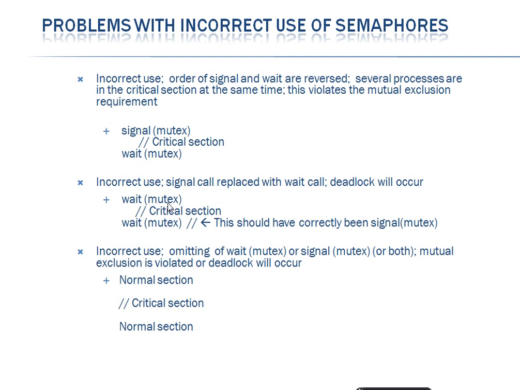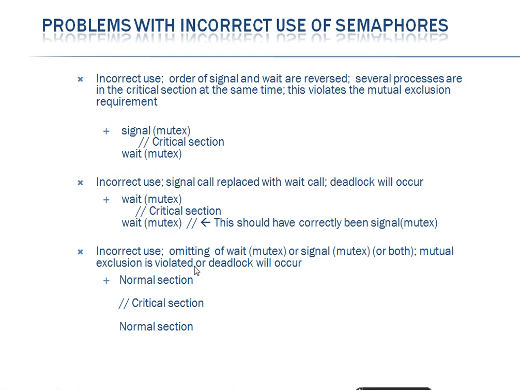Also, incorrect use may occur when the signal call is replaced with the wait call. Then surely a deadlock will occur. See here, if we just replace this signal function call with a wait call, it will invoke a deadlock situation.